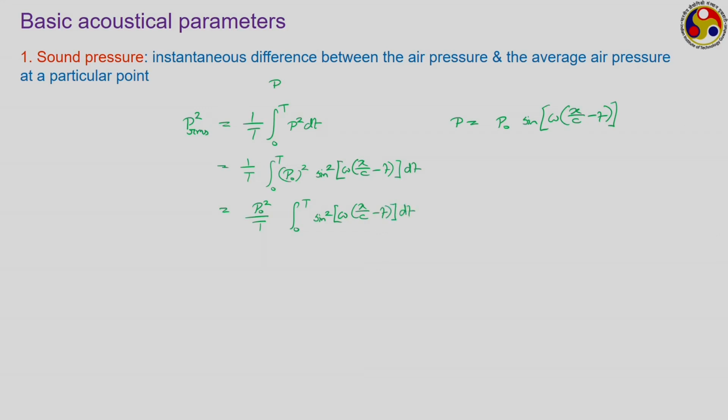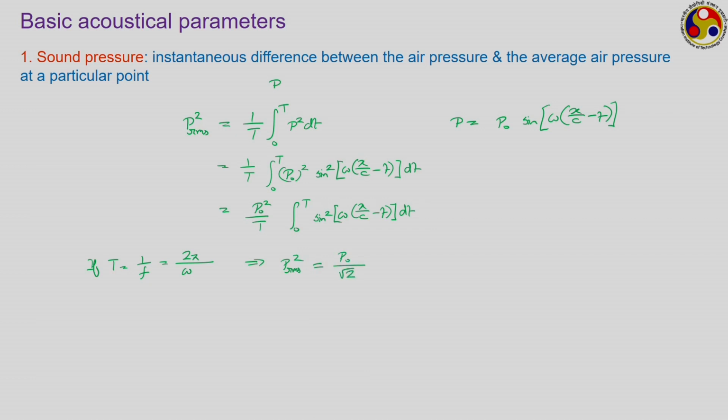Now, the result of this one will depend upon the value of the capital T that we choose. If we choose capital T equal to 1 upon f, or in terms of omega, 2 pi upon omega, in that case P RMS is P naught by root 2.